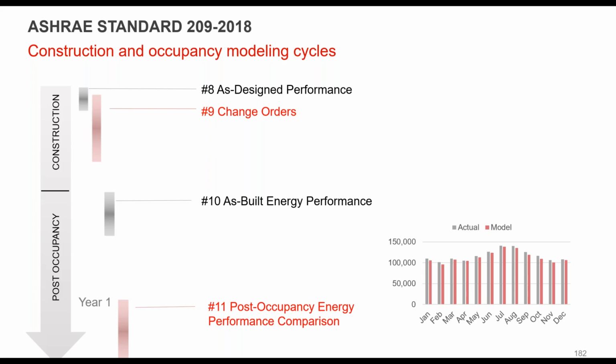And with post occupancy, you get a look at comparing your actual versus the model and what's happening. So these are all optional within 209, but we want to make sure people understand that they're available.